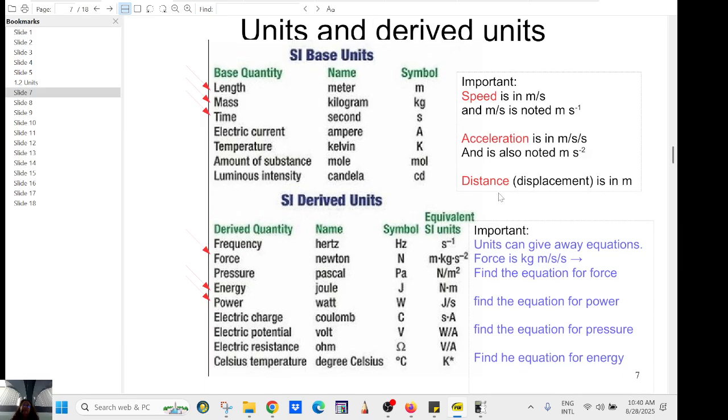So distance is in meters. Okay, and then you have subunits. For example, Newton is the unit for force, but Newton is really kilogram, which stands for what? Mass. Okay, meter per second squared is for acceleration.